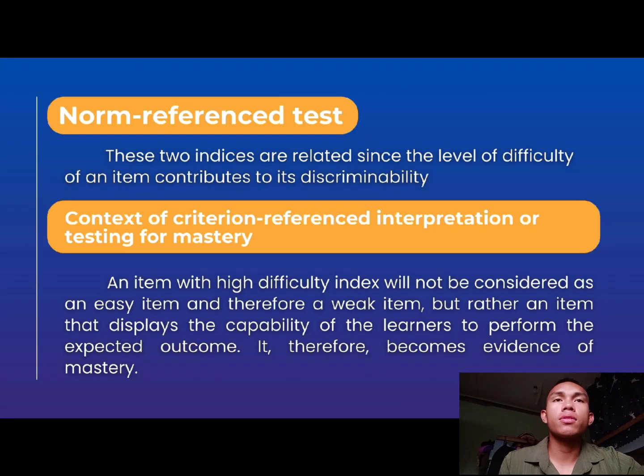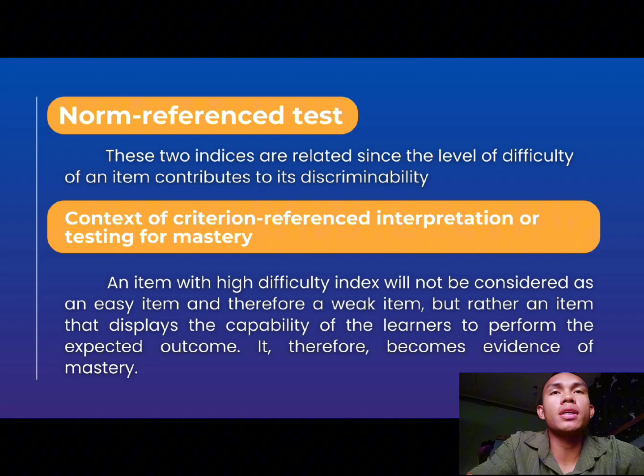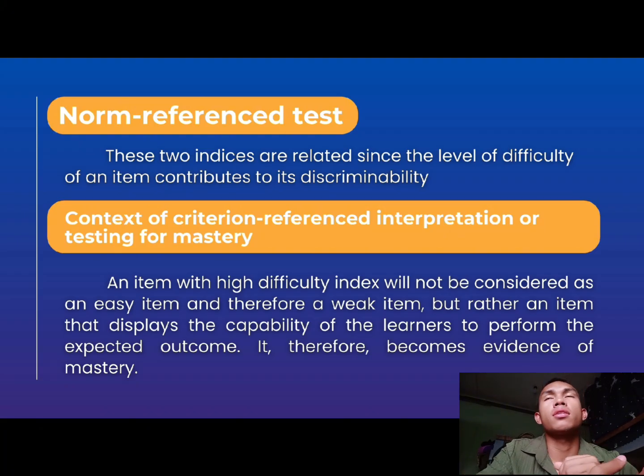Now let's move on to norm reference tests. So in norm reference tests, the difficulty index and discrimination index are closely related. The difficulty of an item affects how well it can discriminate between students with high and low performance.